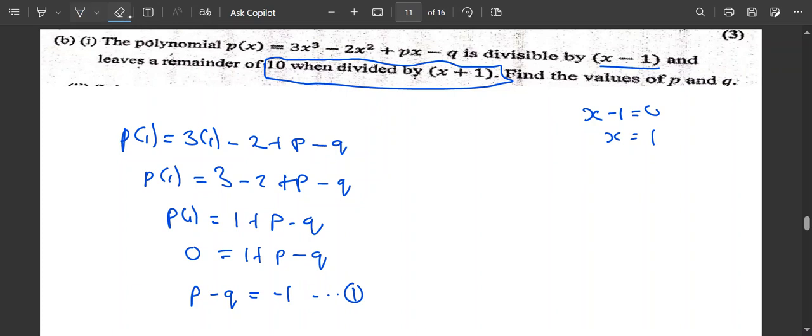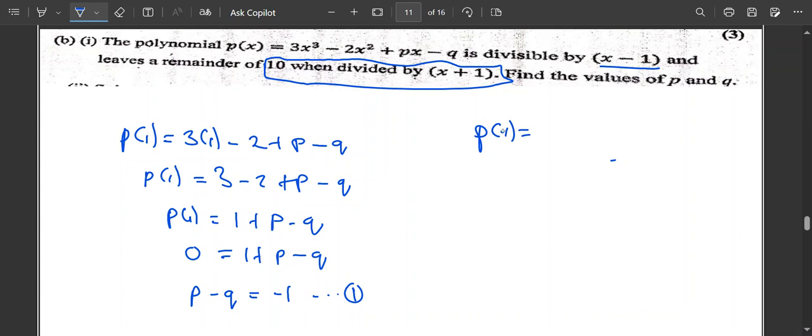So now I'm coming again to the case where they have said when divided by this, it leaves a remainder. So for this one, I also solve this expression x plus 1 equals 0, meaning that x is equal to negative 1. So I'm testing this negative 1 now by saying P of negative 1 is equal to, you put negative 1 wherever.